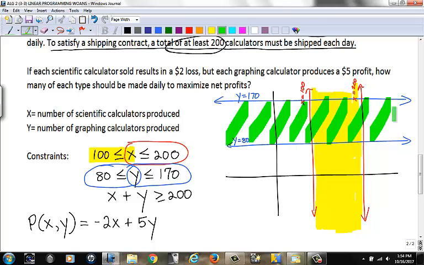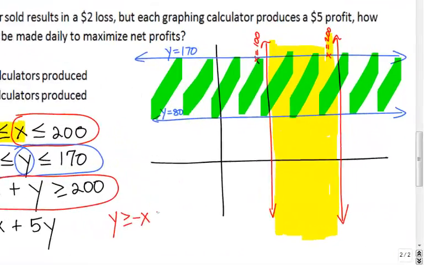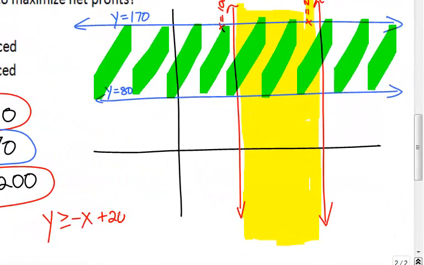Do you see the overlap so far looks like a box? Now we have to graph this. Solve for y. We'd have y is greater than or equal to negative x plus 200, right? You agree with that? If we subtract x on both sides. So it's going to go through at 200 and slope of -1.